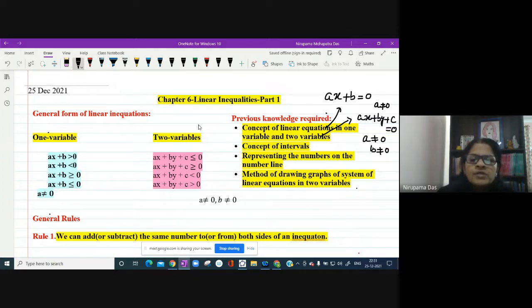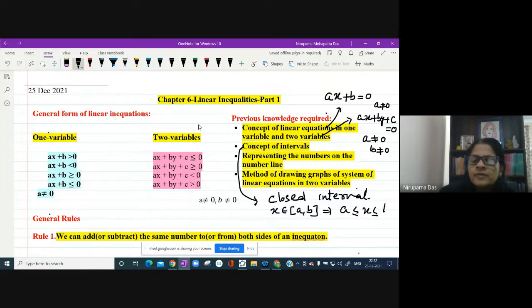And we should know the concept of intervals, which we have studied in chapter 1, sets. So we have studied the closed interval. Closed interval means whenever you have x belongs to closed interval ab, we write this, which implies a less than equal to x less than equal to b.